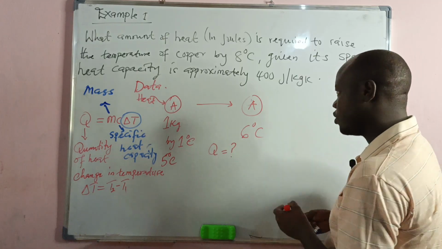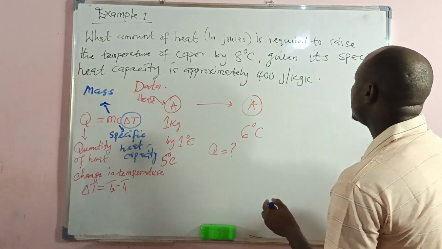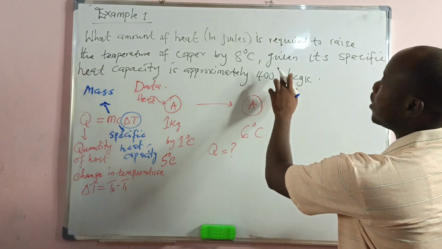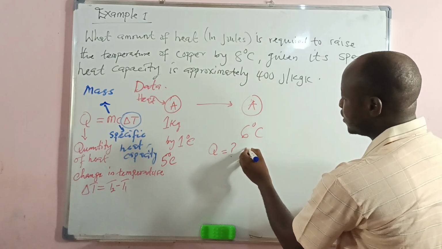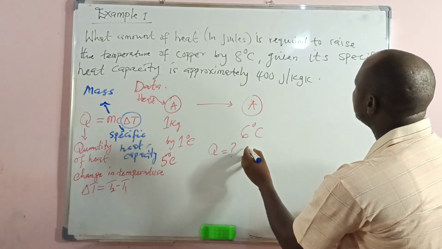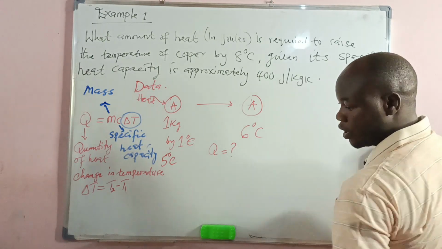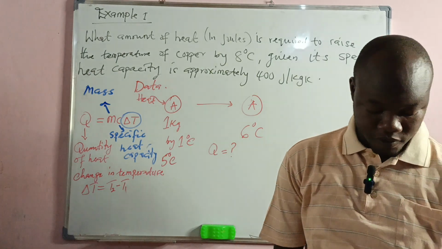That is what we want to get. So we need to bring the data out. And then we are also given the temperature. I think something is missing in this question. Let me look at it very well.